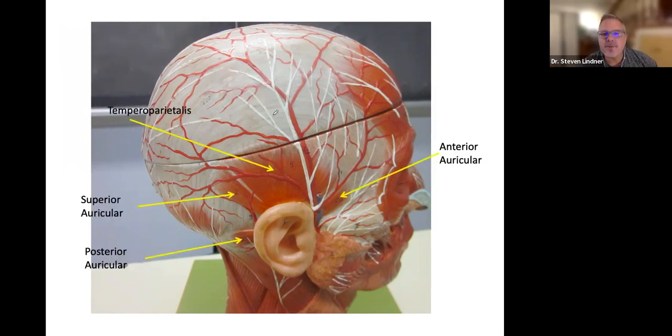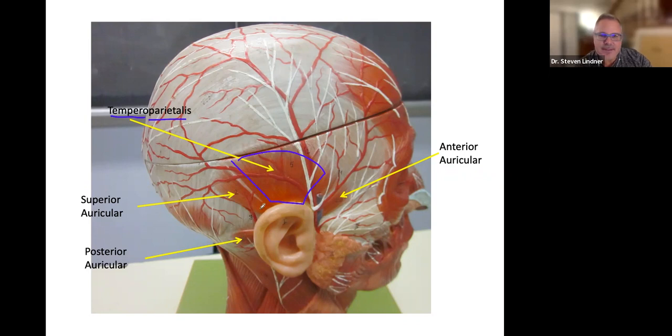Still superficially, because we could still see the epicranial aponeurosis, just above the ear is the temporoparietalis. So we're looking at this right here, the temporoparietalis. And that's important because here's the ear, and anterior to it, we have a muscle.